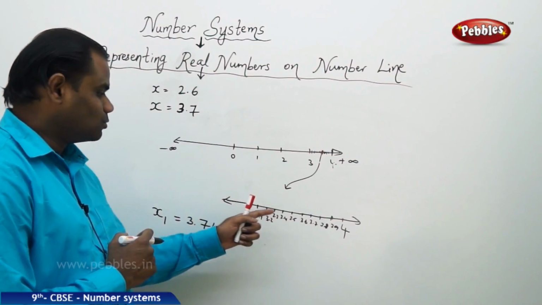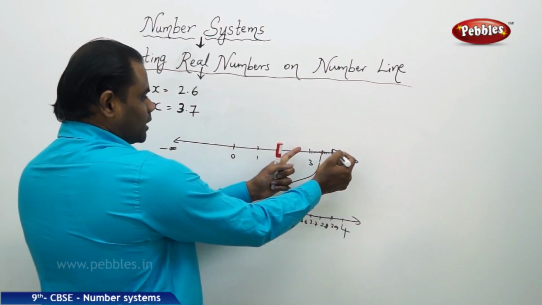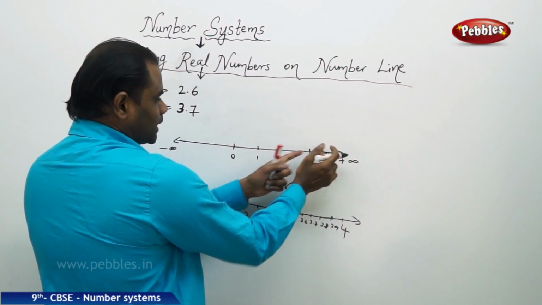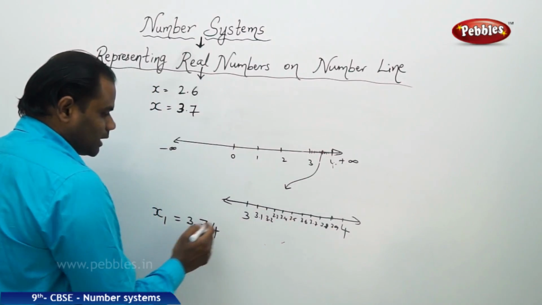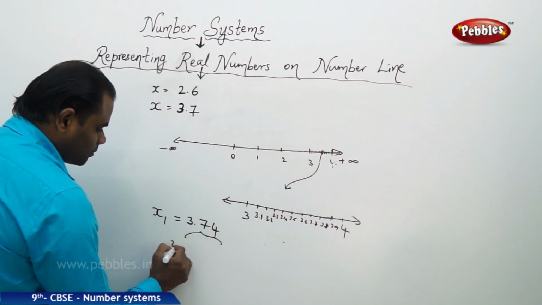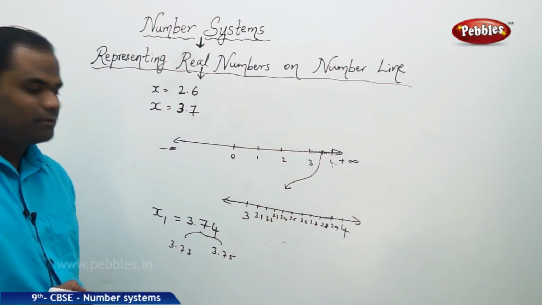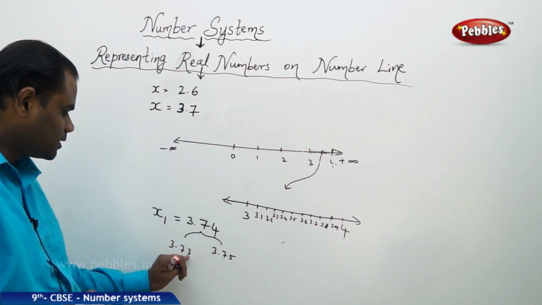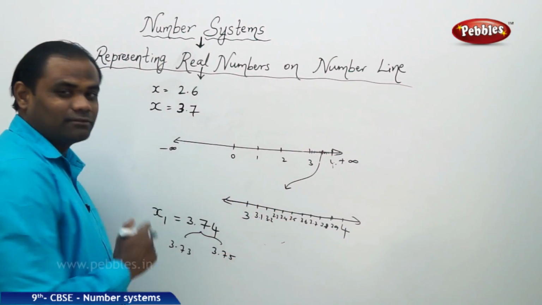So what do I do with this number line? I start with the first number line between 3 and 4 somewhere out here. Again I subdivide. I get between 3 and 4 10 different units, and again 3.74 lies between 3.73 and 3.75. The value on the left of 3.74 is 3.73 and the value on the right is 3.75.